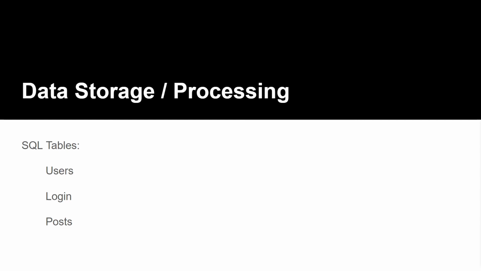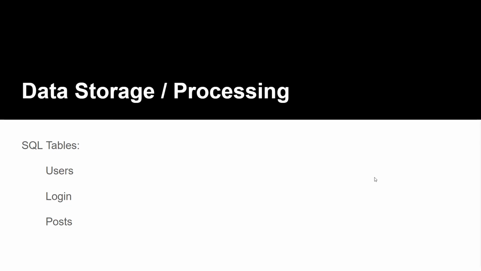Also, the other columns involve the title of the post and the content of the post. All of these tables are accessed and modified using helper functions which use SQL prepared statements, and this helps to prevent SQL injection attacks from user inputted data.